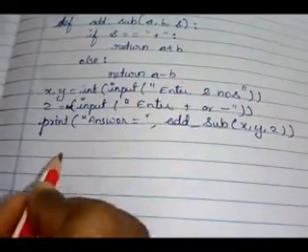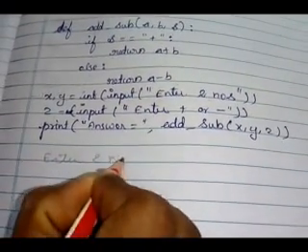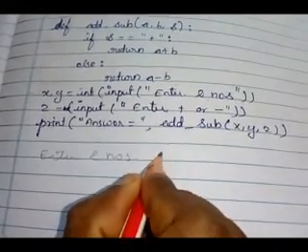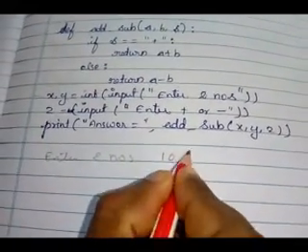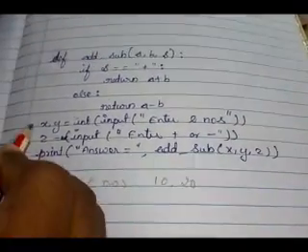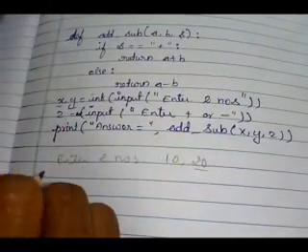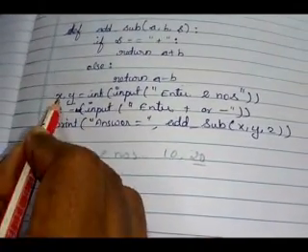We are entering two numbers. I am entering 10, then 20. This 10 will be stored in the x variable. This 20 will be stored in the y variable. Did you understand? Then this line is finished.